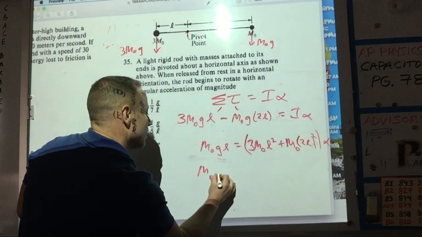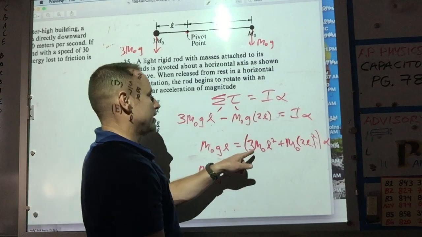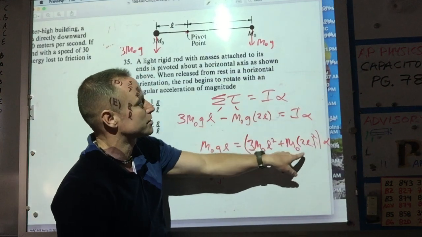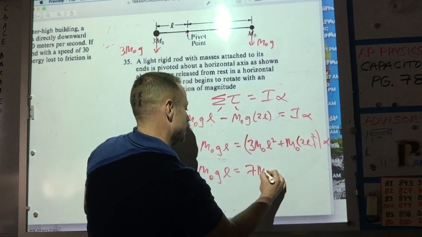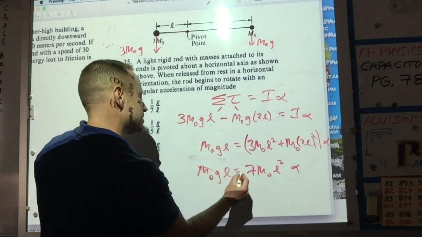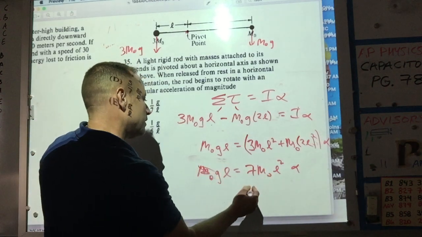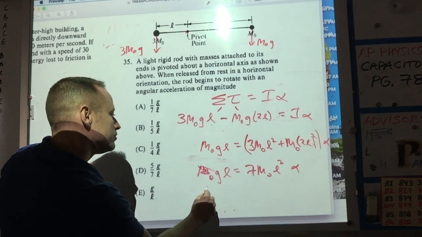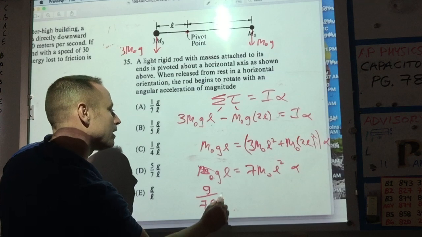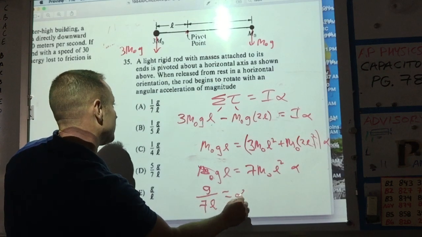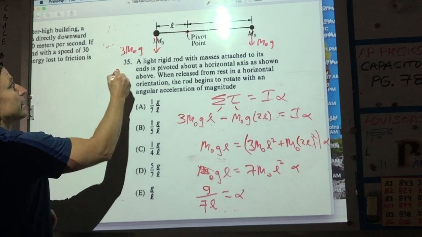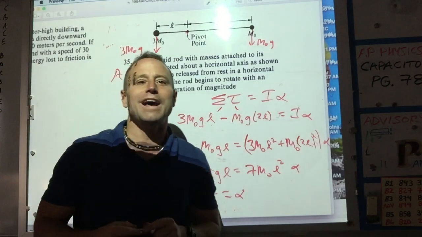So you have m naught gL equals 3m naught L squared plus 4m naught L squared, because 2 squared is 4. So this is going to be 7m naught L squared alpha. The m naught's are gone. And so this is g over 7L equals alpha. G over 7L. 35 should be A. Right? And that was the year 1984.